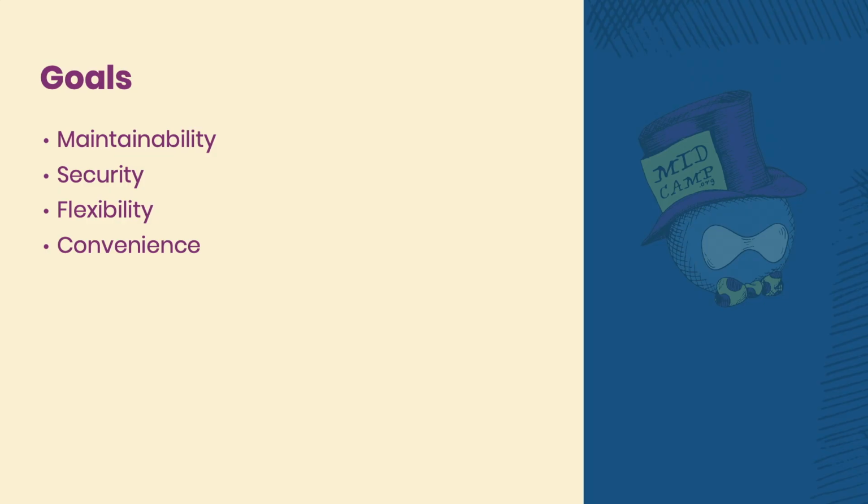Again, I don't want any files under the web root that don't need to be under the web root. I want it to be flexible and convenient for developers, for instance, to change their settings quickly. Let's say a front-end developer wants to turn on front-end development settings. The back-end developer doesn't care about front-end development settings, so they just want back-end development. We want it to be convenient and flexible for those developers.